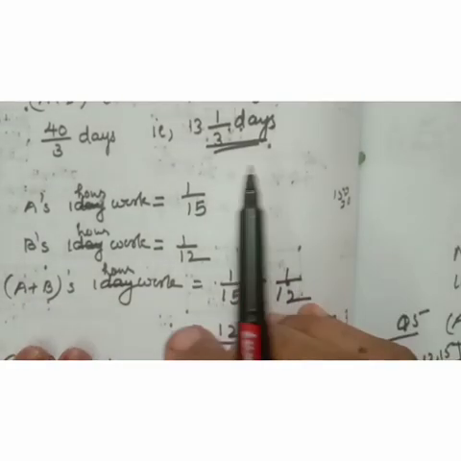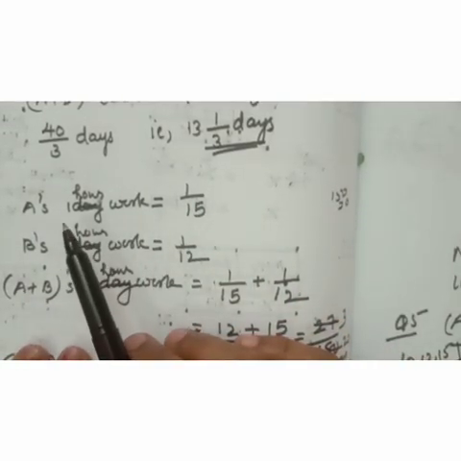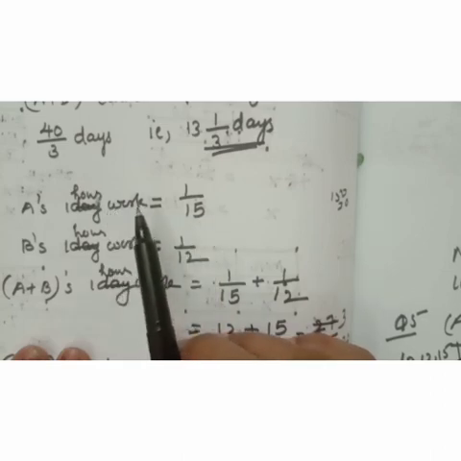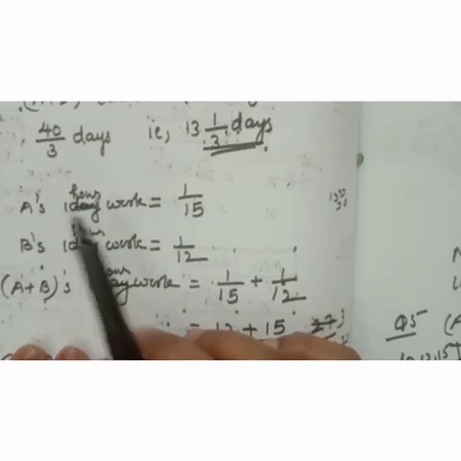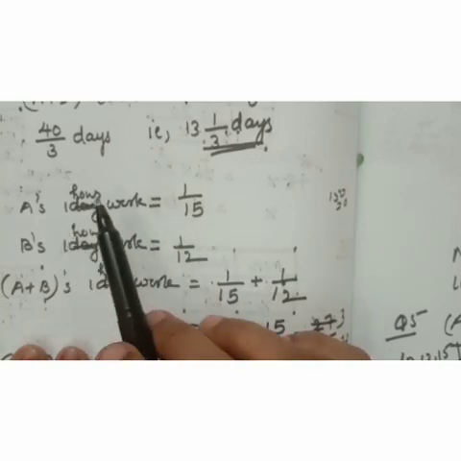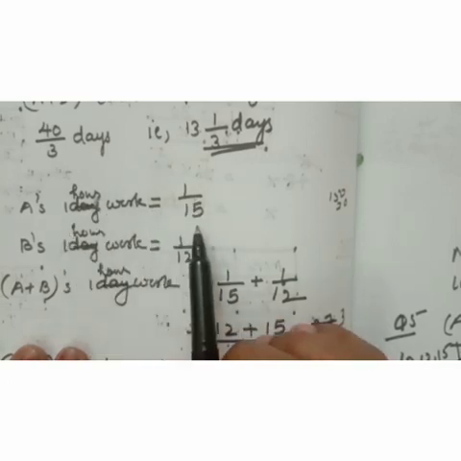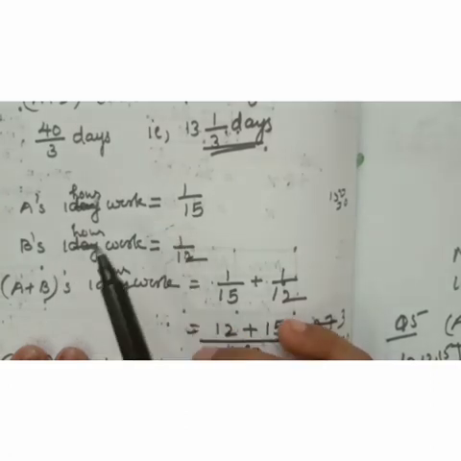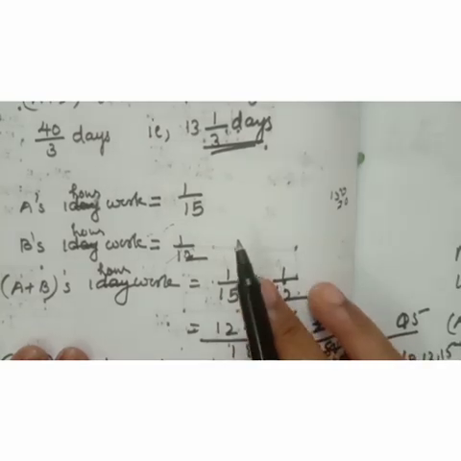Next, question number 2. A takes 15 hours to complete a work. A how many hours? 15 hours. So 1 hour work is 1 by 15. Like that B takes 12 hours to complete 1 work. So 1 hour work is 1 by 12.